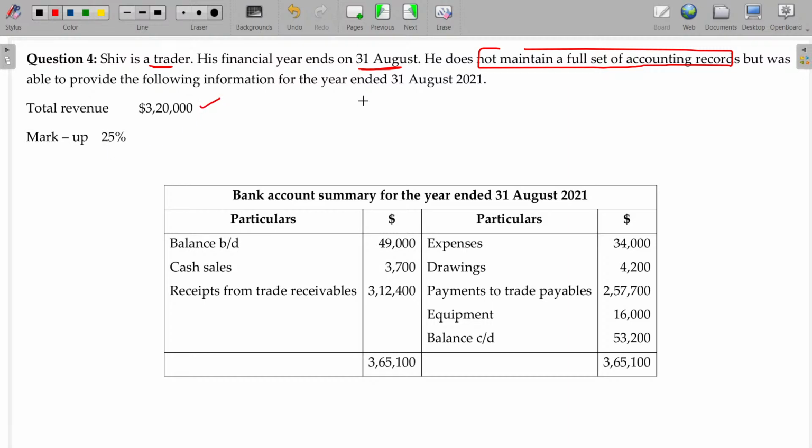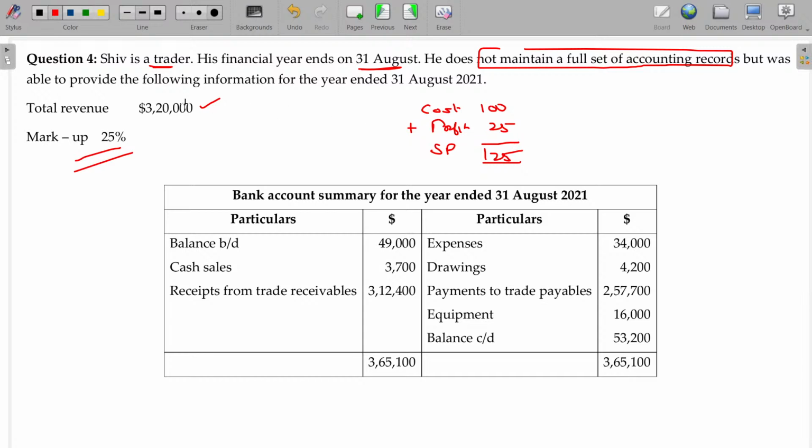If you are talking about the markup, you know that cost, add markup, or profit, then you'll get the sale price. In case of 25% markup, cost is assumed to be 100, profit is 25, sale price is 125.